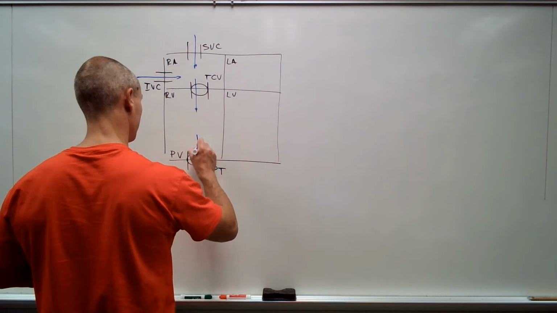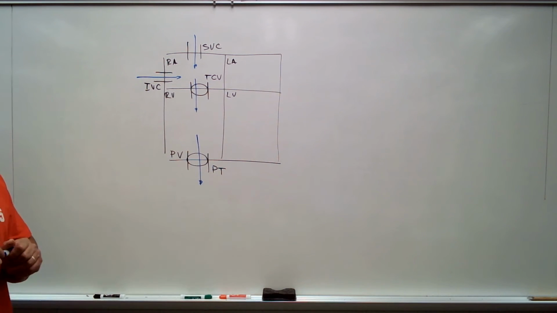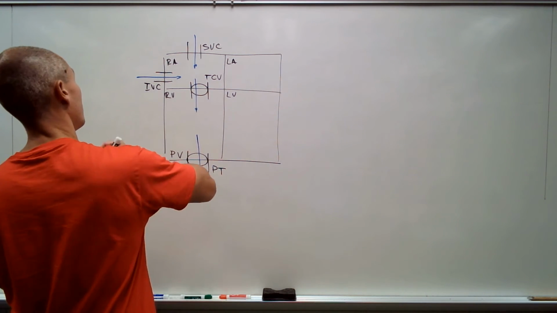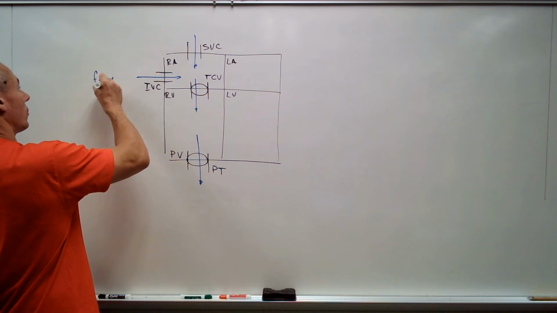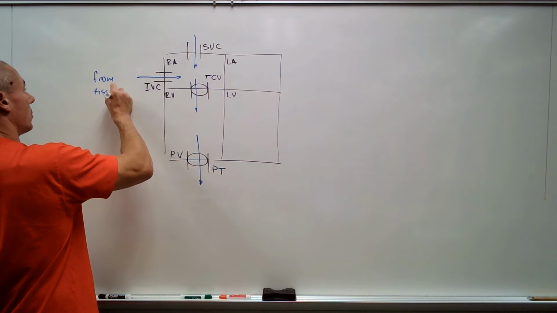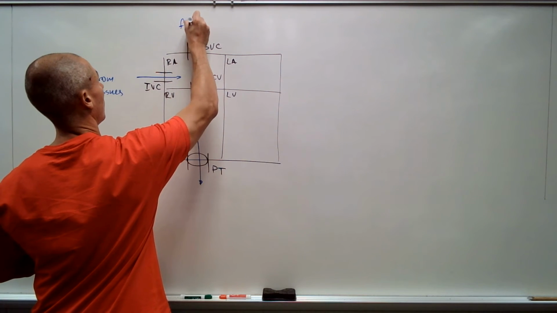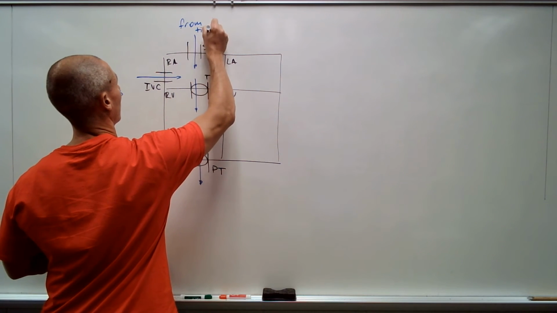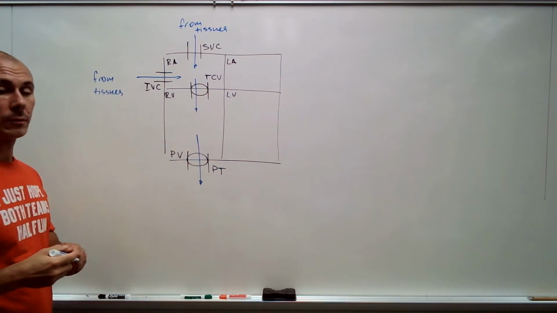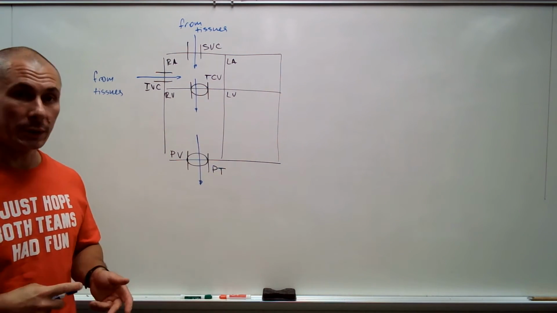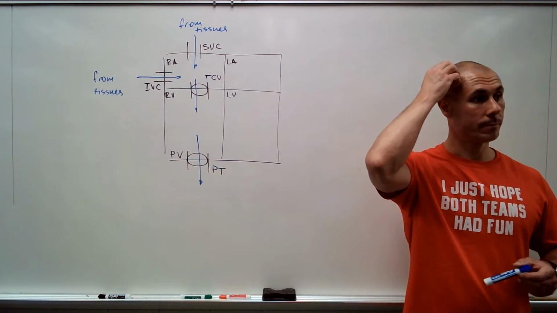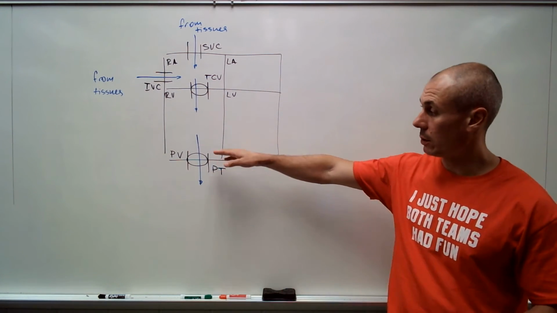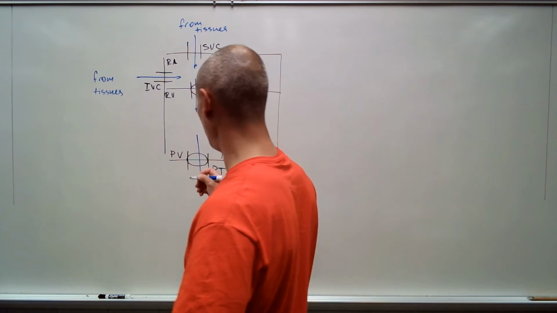Okay? Now, we're going to say that this is the blood from tissues. Now, the term pulmonary refers to which organ? Lungs. So this blood here goes to the lungs.